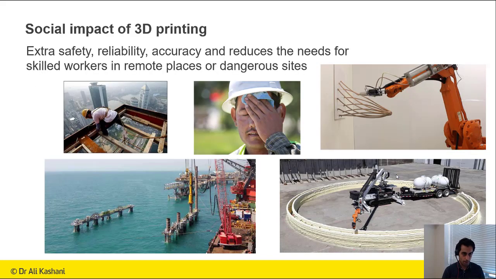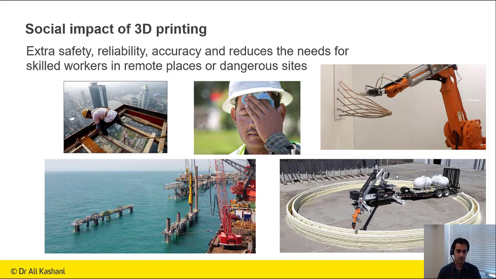The other pillar of sustainability is the social impact. So what can 3D printing and use of robots and automation provide us in terms of the social impact? So first of all, extra safety, reliability, accuracy, and reduced need for skilled workers in remote places or dangerous sites. So around the world, we have areas with very harsh climates, and we put construction workers in those climates for construction.